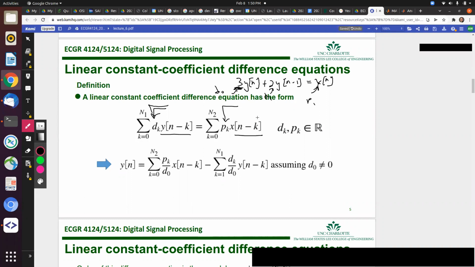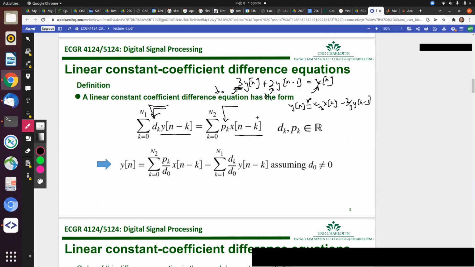Then we said, oh, we have to divide through by this 3 so that we have y of n on the left side and we can calculate all the right amplification terms to make the information flow from left to right. When we did that, we got y of n is equal to 1/3 x of n minus 2/3 y of n minus 1.